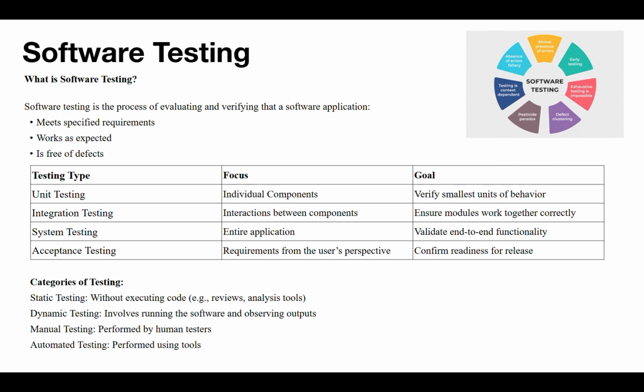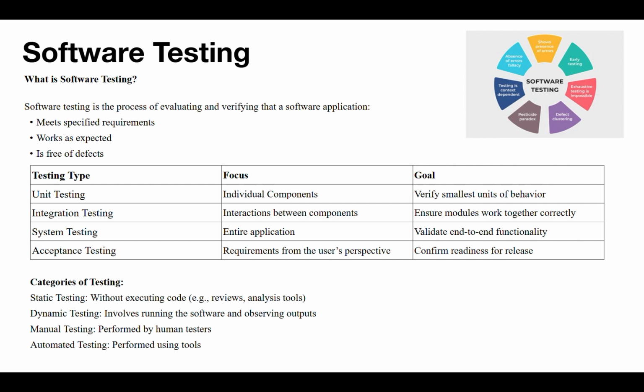Well, while we're coding, we always have one goal: to make sure that the code works. So unit testing focuses on individual components, and the main goal is to verify small units of behavior. Integration testing focuses on the interactions between the components. The goal is to ensure modules work together correctly.